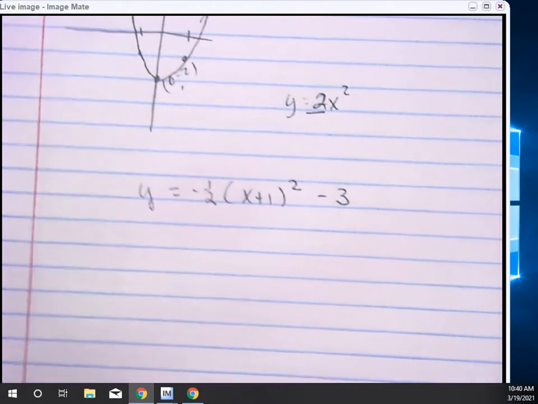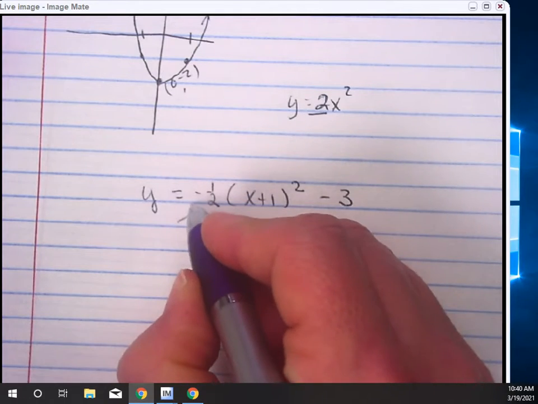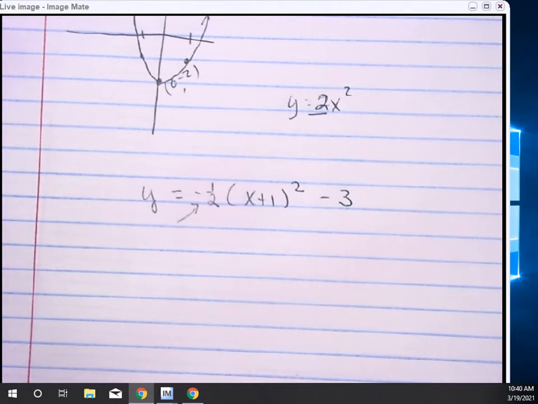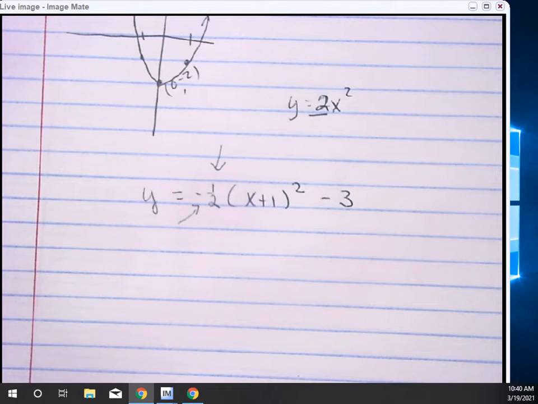If I ask you to describe the transformations, what does the negative do? Reflection about the x-axis. What does the half do? So it is a vertical shrink or compression.